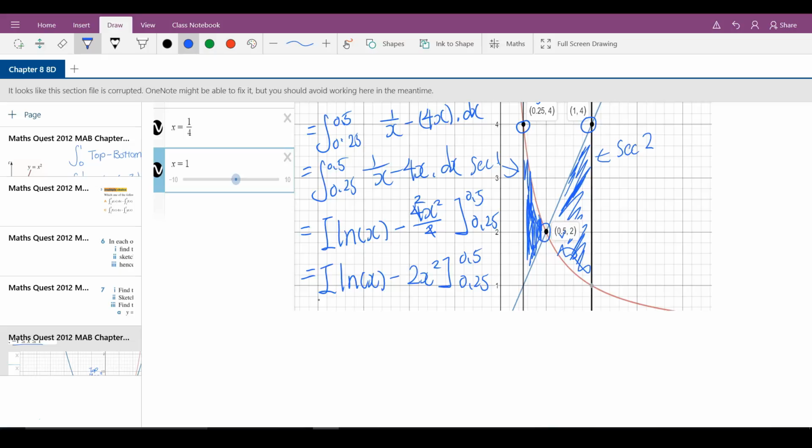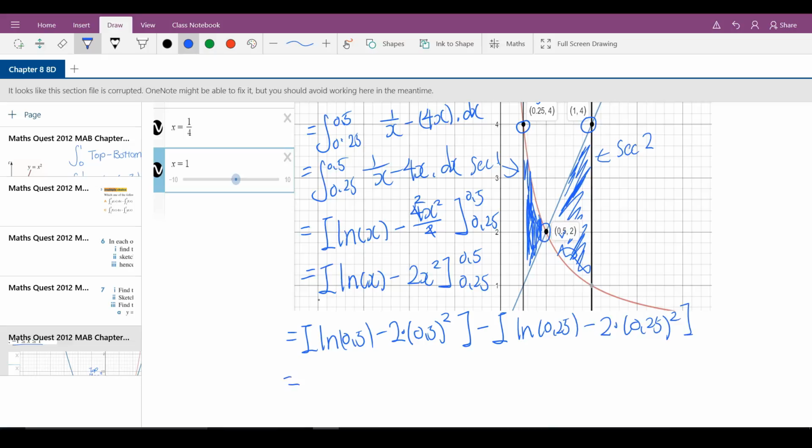All right, let's sub the values in. So, ln 0.5 minus 2 multiplied by 0.5 squared, and then minus ln 0.25 minus 2 multiplied by 0.25 squared. Let me use my calculator to get all the numbers out.